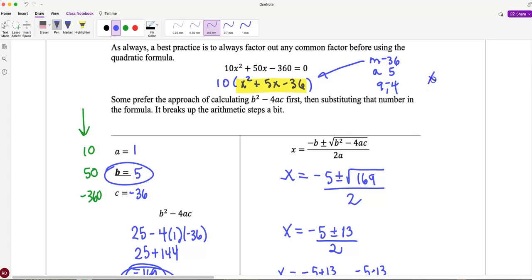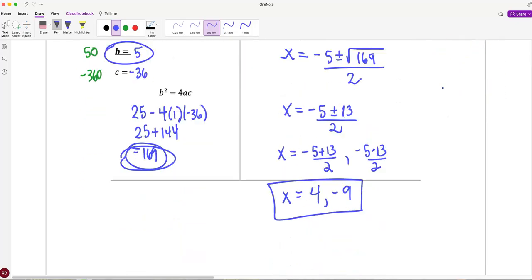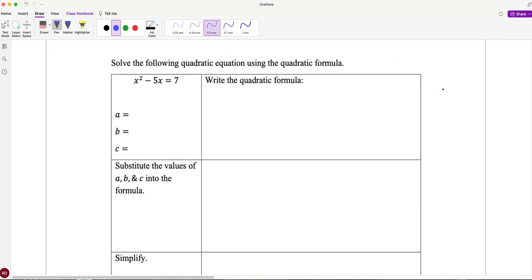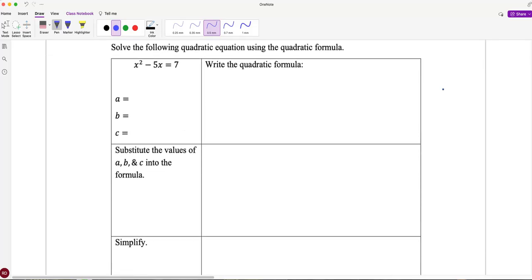So this is x minus 4, x plus 9 equals 0, x equals 4 and negative 9. Now people talk about not liking factoring, but that's a lot quicker. So that's why we teach factoring first, because if it works, it's quicker. But it doesn't always work. And that's why we have the quadratic formula and completing the square.